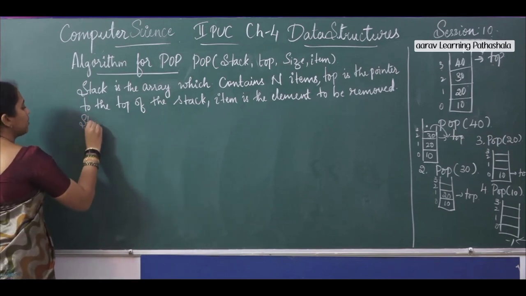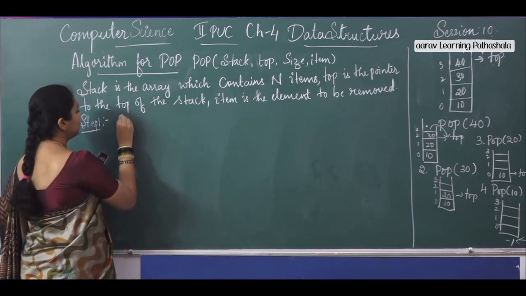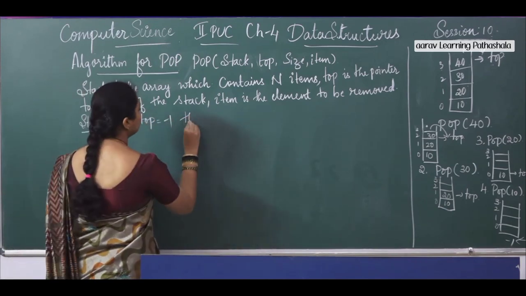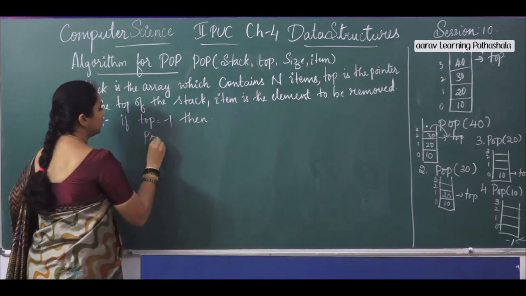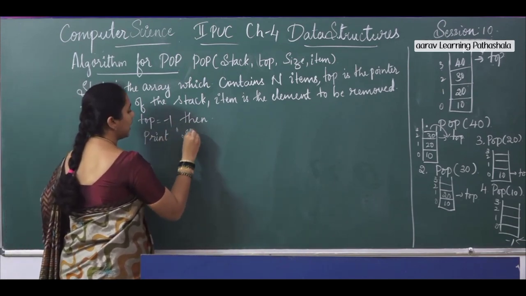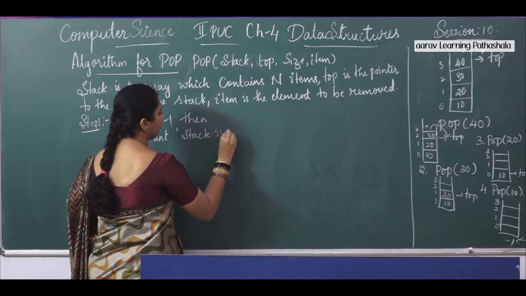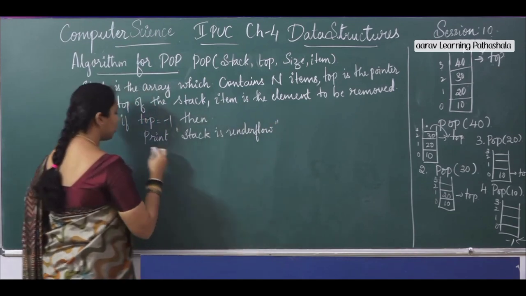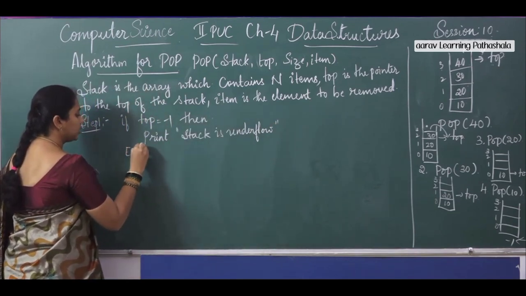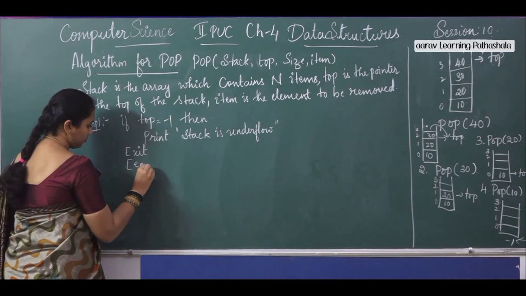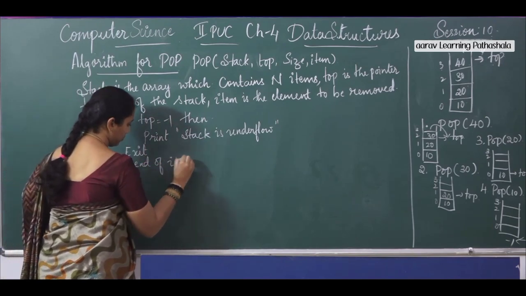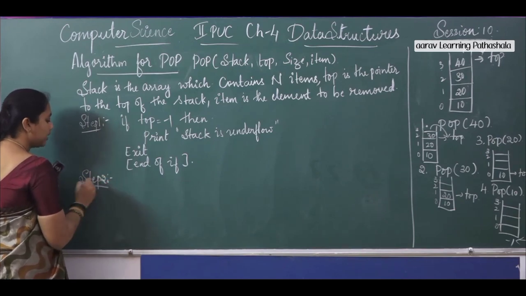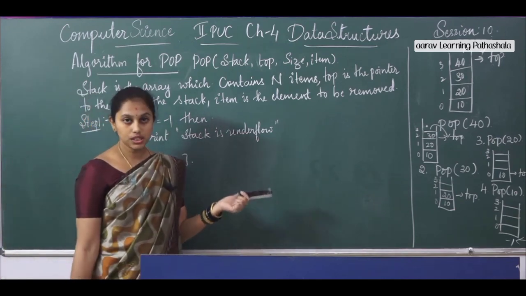So the first step is step 1: if top is equal to -1, then we have to print that stack is underflow. We cannot remove any item. If this condition is false, then we can remove an item from the stack.